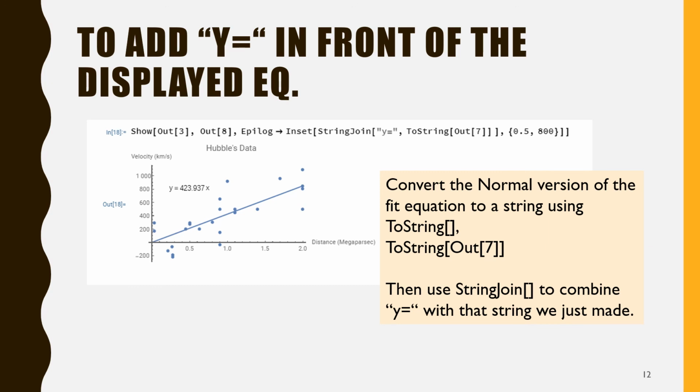So ToString[Out[7]] turns it into just the string of letters, and not something that can be plotted or anything like that, but just the string. And then we want to add on more to that string. That's known as a string join. So now we use the method StringJoin, and then we can glue y equals in front of the string version of the equation.